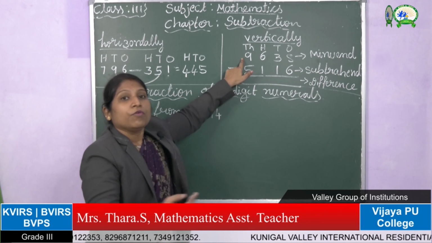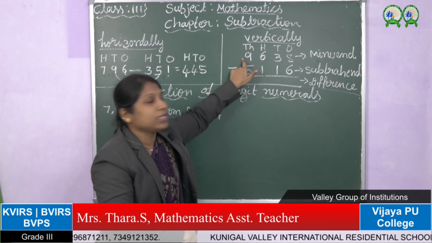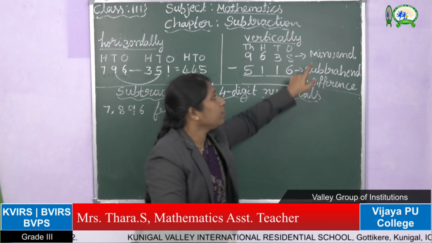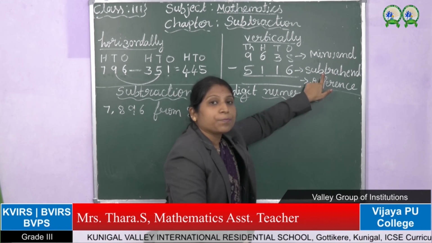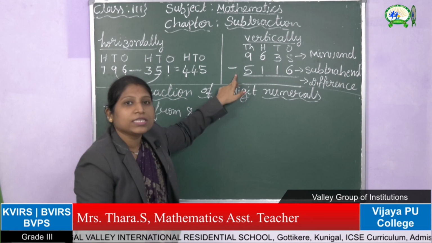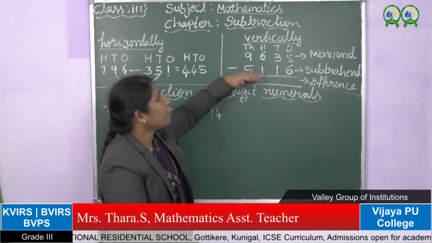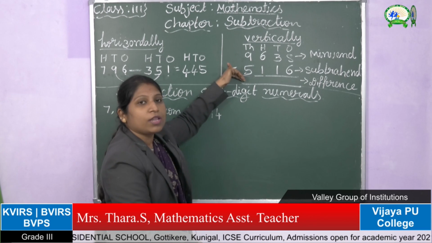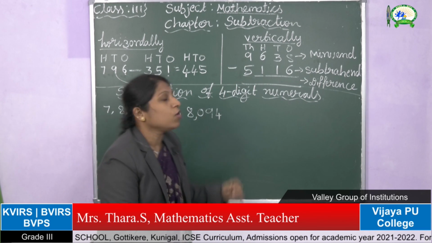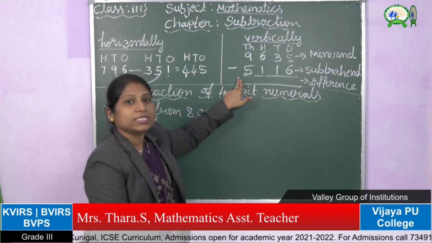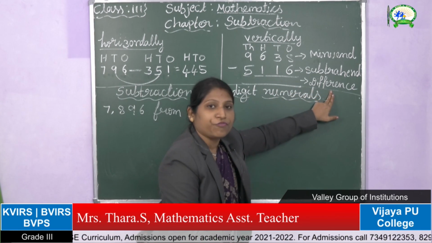The number from which we are subtracting, we call the minuend. Minuend and subtrahend. And when you subtract the small number from the bigger number, you get one result there. That result you can call the difference.